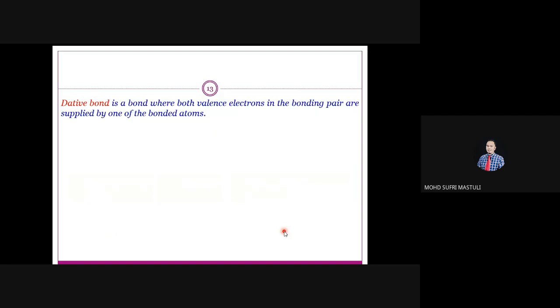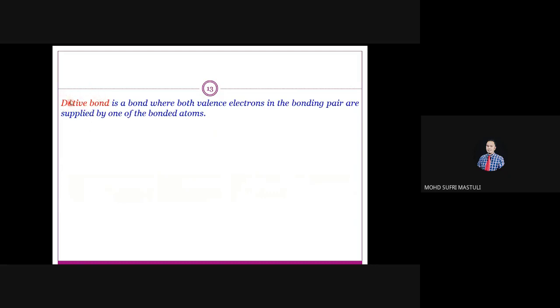This is another type of bonding. We have ionic, we have covalent, and also we have metallic. But this is additional knowledge. We call it dative bond. So what is a dative bond?